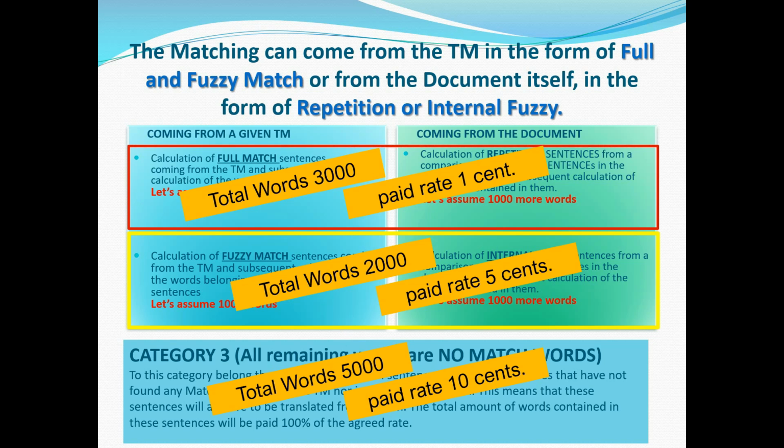But those 10,000 words will not be paid 10 cents each, because 3,000 of them will be paid 1 cent, and that makes $30 or 30 euros. 2,000 words paid 5 cents, it means $100 or 100 euros. 5,000 words paid 10 cents each, it means $500 or 500 euros.